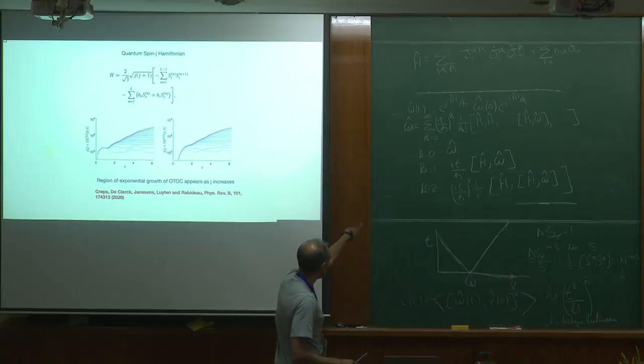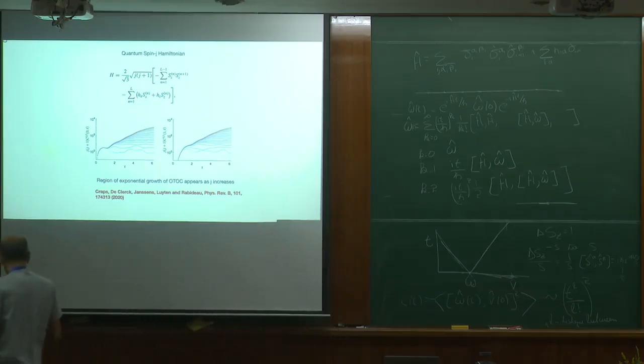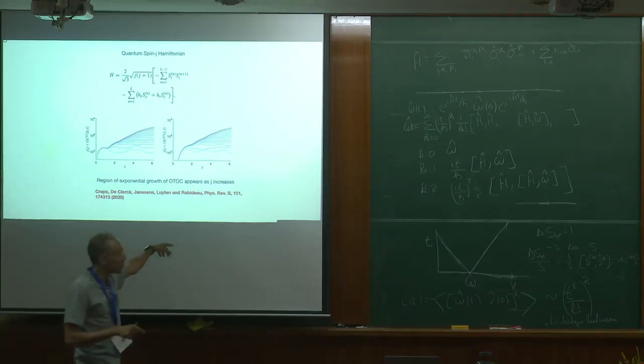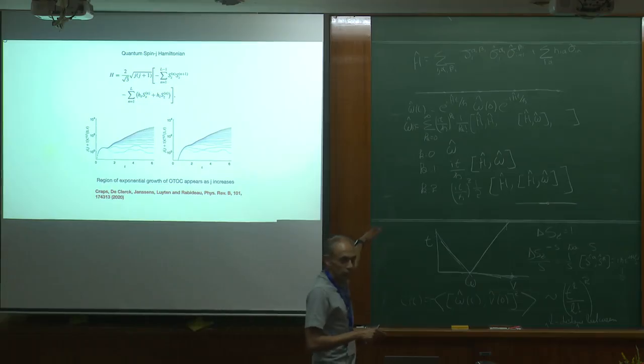So when you write down these nested commutators, let me just back up. Notice that in this Hamiltonian, the way they've written it, they've taken out this factor of square root of j times j plus 1, which is like the overall magnitude of s, because they have some quadratic term. So if you're going to use this argument for a general spin s, it's probably best to write down the Hamiltonian with this thing factored out.